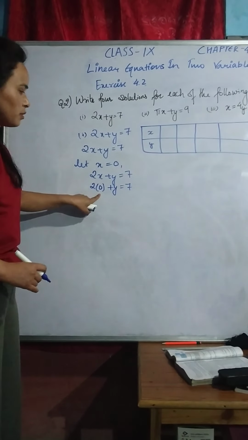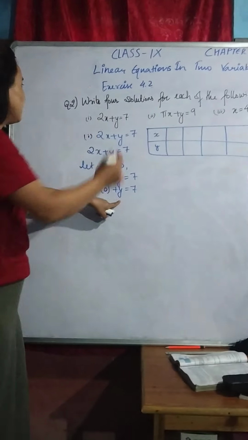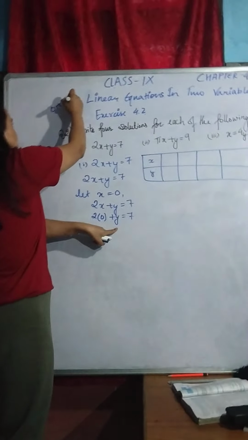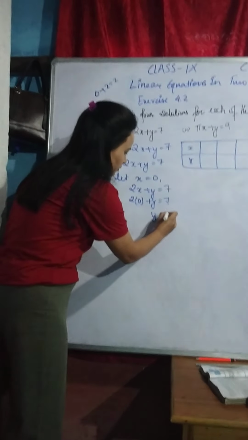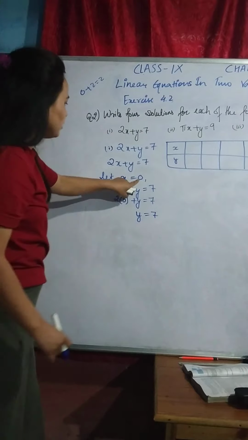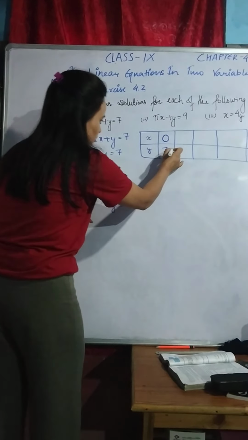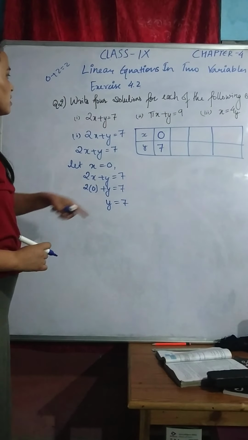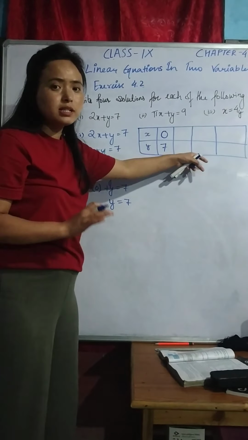Now 2 times 0 is obviously 0, and 0 plus y is y only. Like see, 0 plus 2, it's 2, no? So 0 plus y is also y. So y is equal to 7. So now see, when we assume the value of x as 0, we got y as 7. So this is one solution for this linear equation. We have to find 3 more solutions.